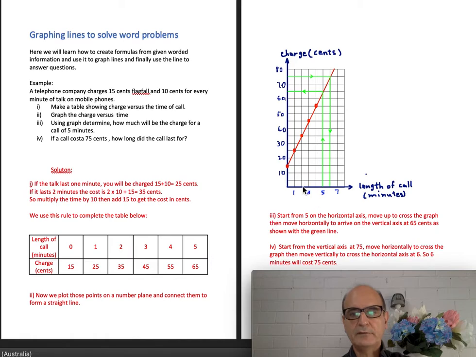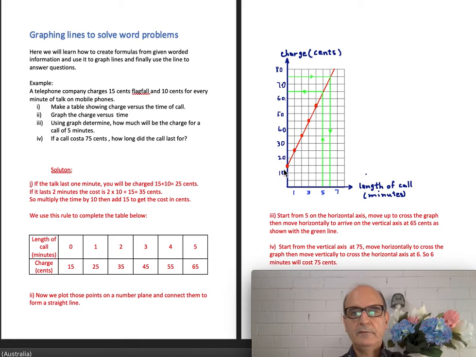So that's 2, and you go up to 35 cents, and that gives us this point. Then 4 and 55, 4 minutes and 55 cents. That's 4 minutes, you go up to 55 cents. That's 50, that's 55, so that's our point.